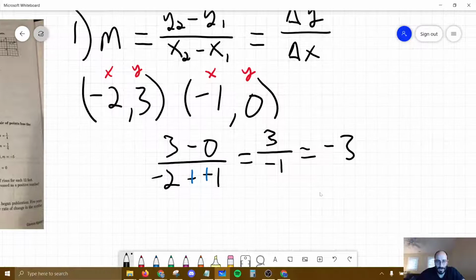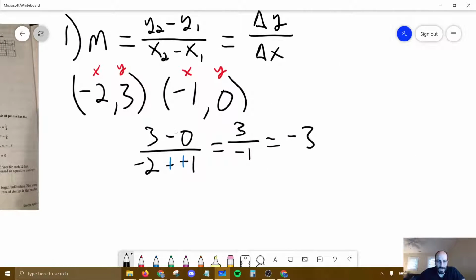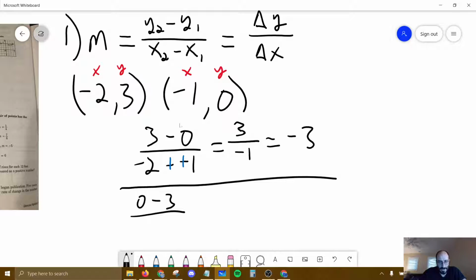Now if we did the other order, instead of doing 3 minus 0, we did 0 minus 3 first. Let's see what would happen. 0 minus 3. And since I did this one minus this one, I have to do negative 1 minus negative 2. Same thing. 0 minus 3 is negative 3, right?